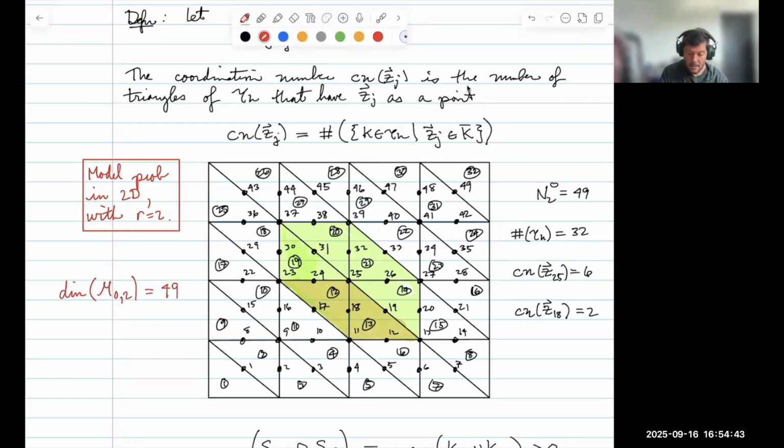Okay. Now, how many basis functions of each type are there? Okay, well, that one you can pretty easily figure. Let's count the number of basis functions that are subordinate to these vertices first. Well, there are 1, 2, 3, 4, 5, 6, 7, 8, 9 of these interior vertices.